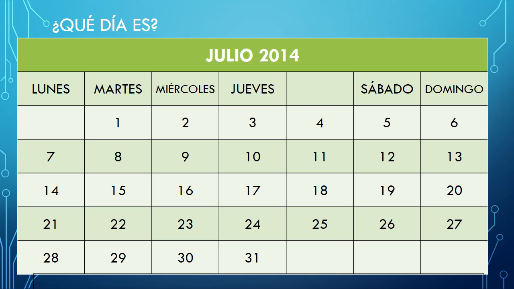El 11 de julio es el viernes. So, lunes, martes, miércoles, jueves, viernes, sábado, domingo. There you go. So that's another thing you have to practice. Just getting those days down, knowing them right off the top of your head. You know, learn how to say them, things like that. Alright, so we're going to move on.